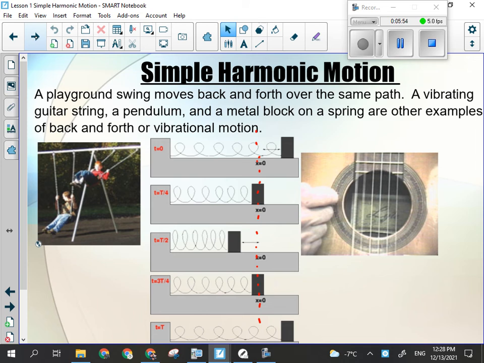When you hit a string, basically what you're doing is pulling it away from equilibrium, putting elastic potential energy into the string, and the string tries to return to equilibrium. But it goes right past it, vibrates back and forth, moving the air beside it, producing sound waves. It compresses and stretches the air surrounding the string, making the sound.